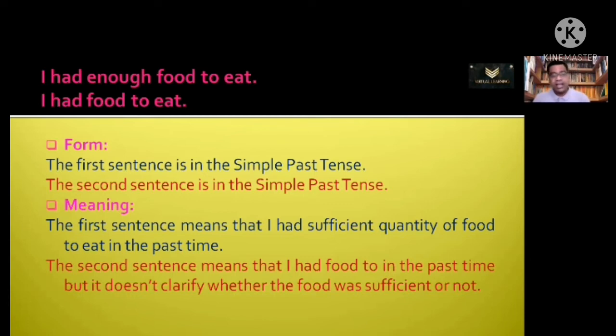But when I say I had food to eat, it means that, of course, I had food to eat in the past time, but it doesn't clarify whether the food was sufficient or not. Whether the food quantity was enough or not.